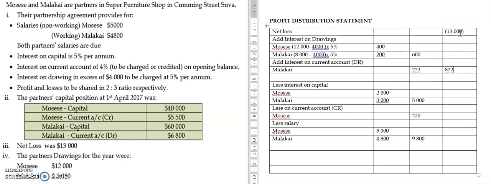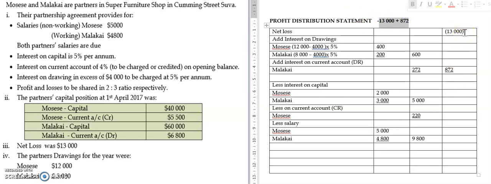In this case it's a loss, so it has to be done like this. Loss, that means it's a negative balance, negative profit. So 13,000 plus 872. This is how this part will be calculated to get the leftover profit.